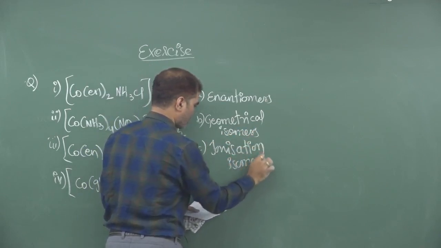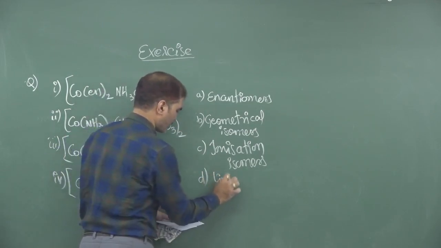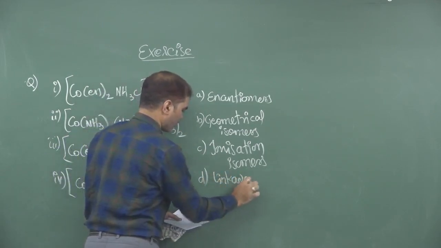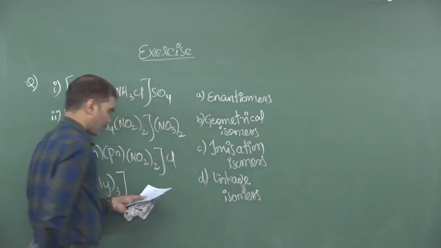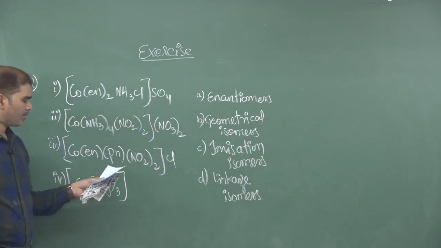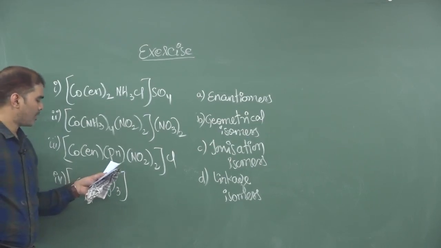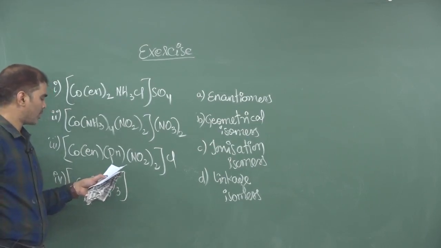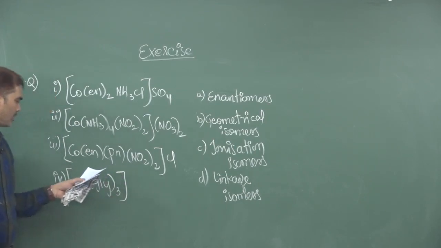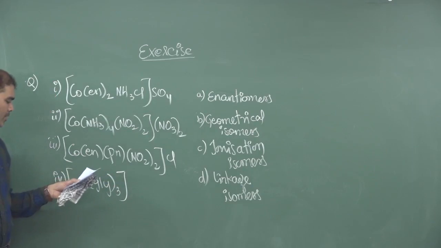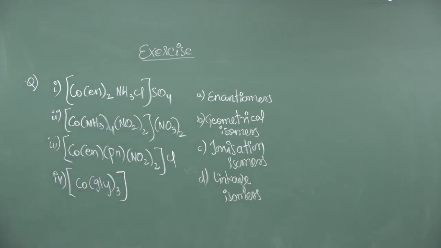Ionization isomers. Linkage isomers. Enantiomers, geometrical isomers, ionization isomers and linkage isomers. [Co(en)2(NH3)Cl]SO4, [Co(NH3)4(NO2)2]NO3, [Co(en)(pn)(NO2)2]Cl, [Co(gly)3]. Now there are multiple options.